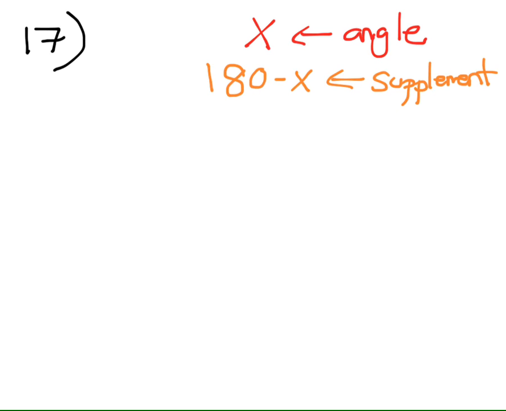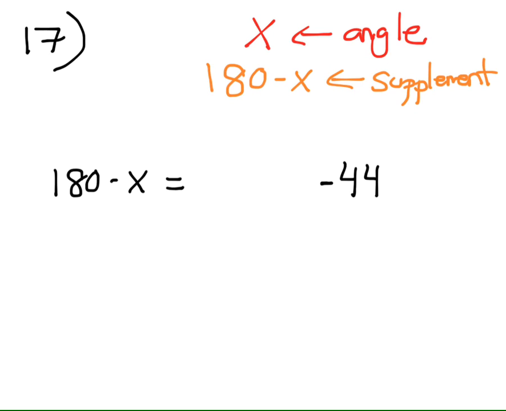So the problem says the measure of an angle's supplement, well, it's 180 minus x, is, means equal, 44 less than, so whatever I have, I'm going to subtract 44 from, 44 less than the measure of the angle. I called that x. Find the measure of the angle and its supplement. So this one's a lot easier than the ones we did before. So that's my algebra problem.